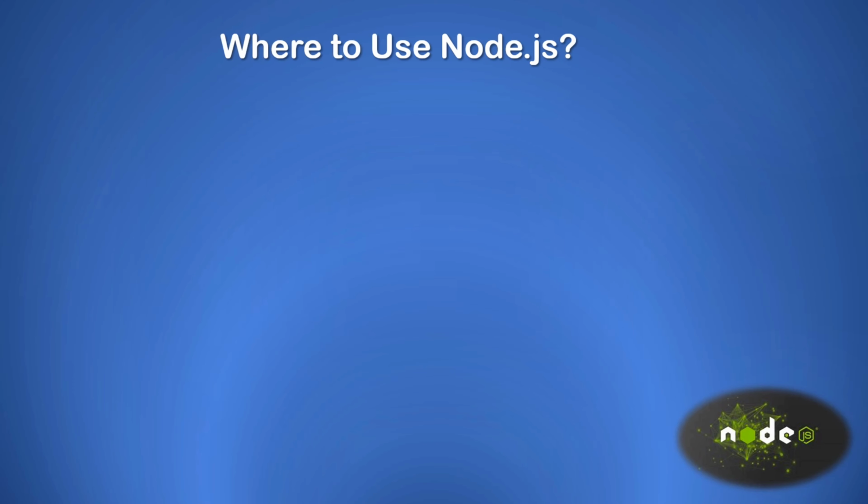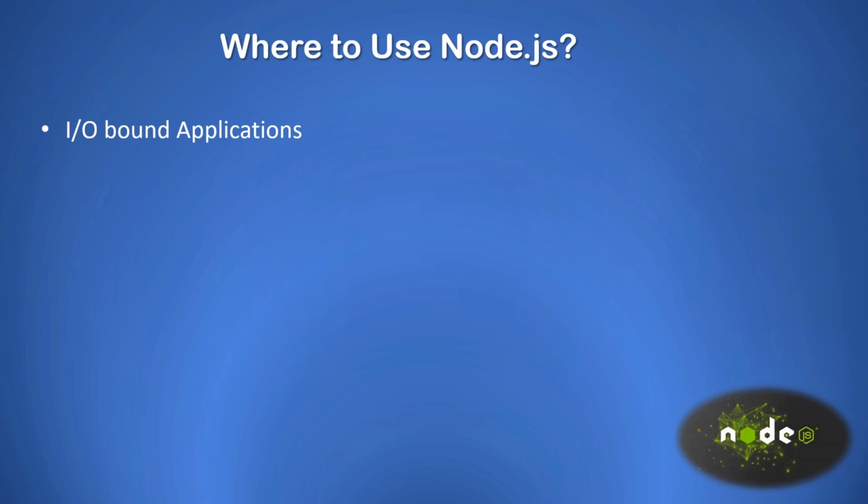Next, now that you are familiar with Node.js, how it works, its framework and its features, let's look at the list of types of applications where we can use Node.js.